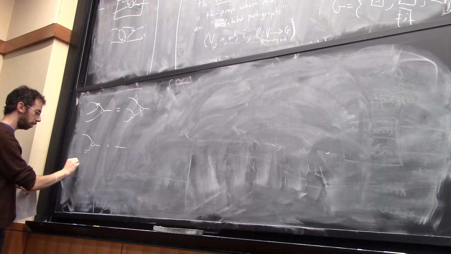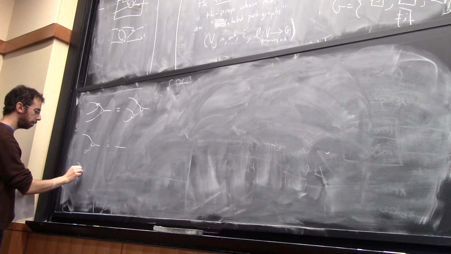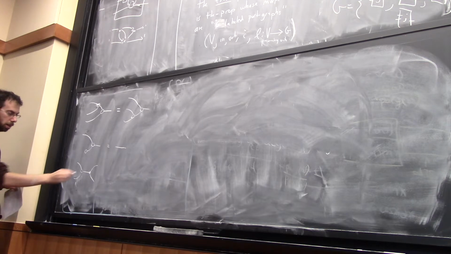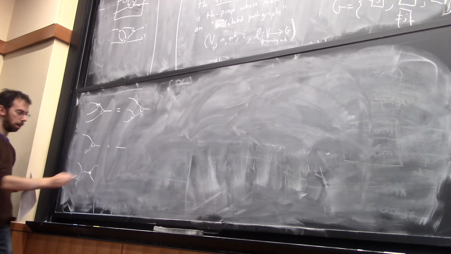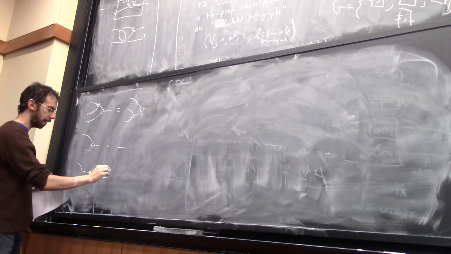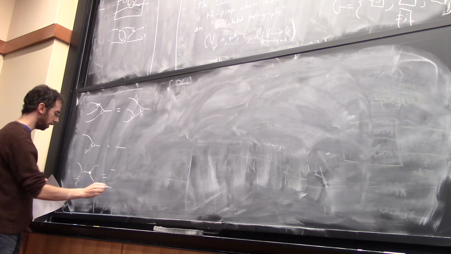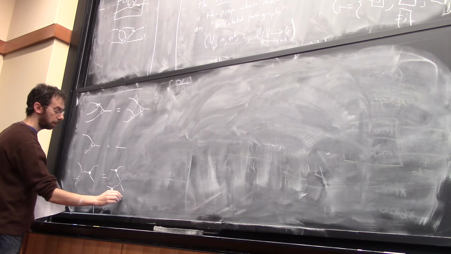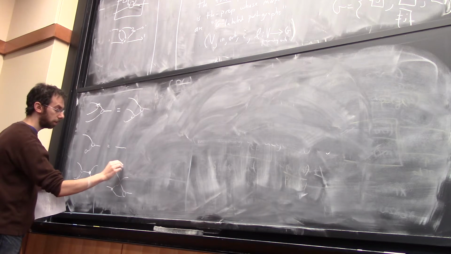So here's one. I take two things and I add them, and then I split the result. Let's check that that's the same thing as taking my two things, splitting them, crossing them, and then adding them.